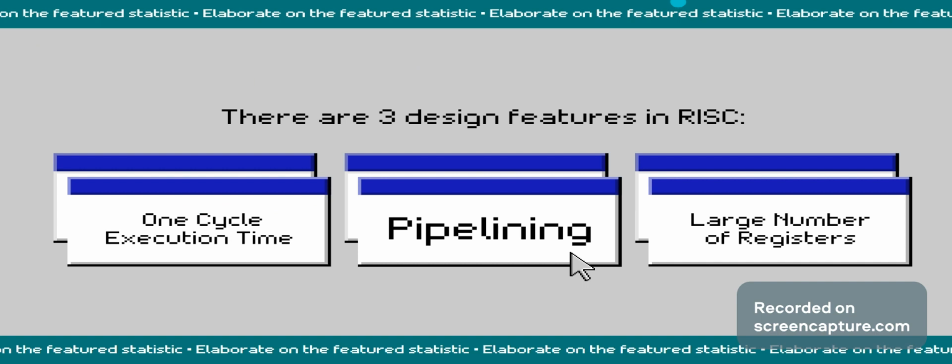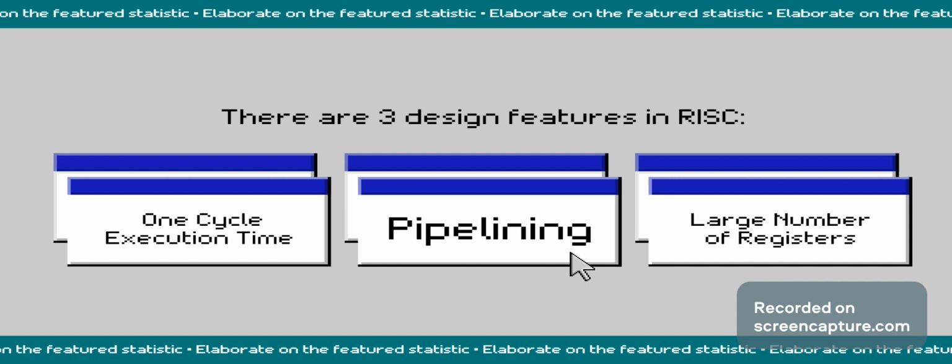There are three design features in a RISC. The first one is one cycle execution time. It refers to the concept where an instruction can be executed within a single clock cycle.